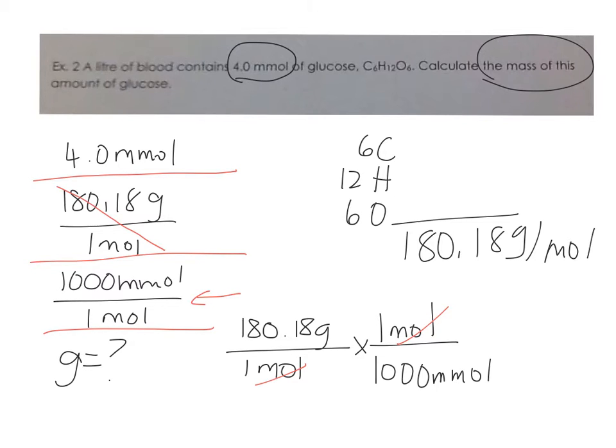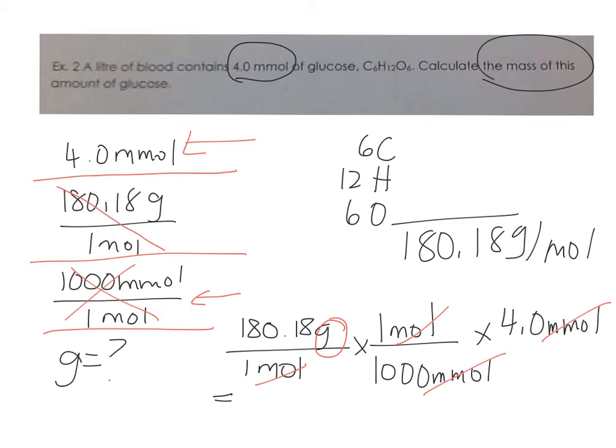So I need something that has millimoles in it. And I do my very first digit. So now millimoles cancel. So in my calculator, if I take 180.18, multiply it by 4, and divide it by 1,000, I should get grams.